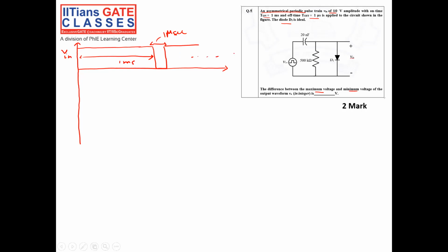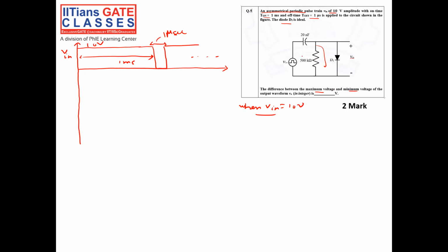First you understand how the circuit is operating. When Vin is 10 volt, the diode will be on, and the capacitor will charge. So then Vin is equal to 10 volt. What is the circuit?